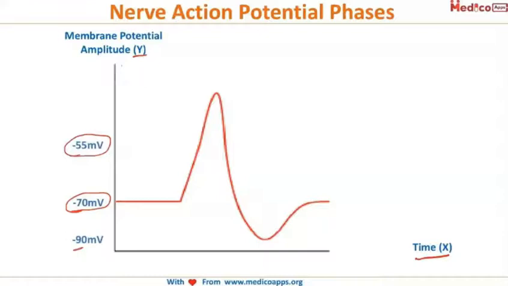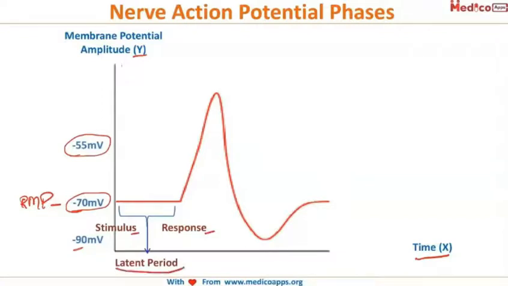So now let's discuss what happens when I give a stimulus when the nerve cell is at its resting membrane potential. It takes some time for the response to occur. The time period taken from the stimulus to give a response, the time difference between these two activities, is termed the latent period.